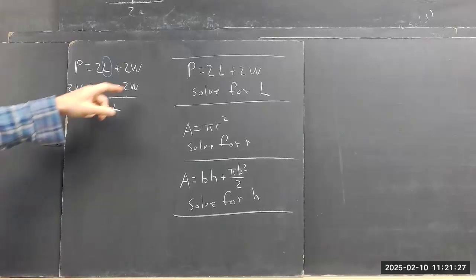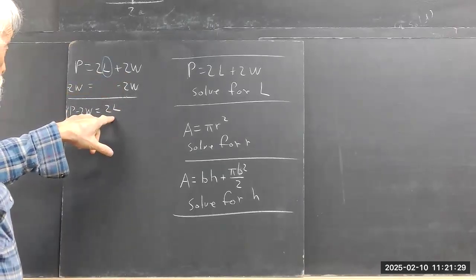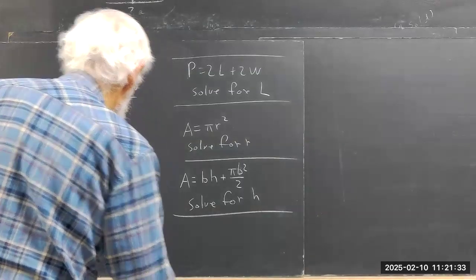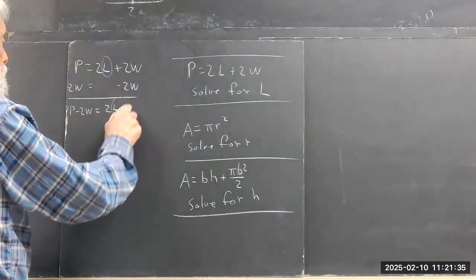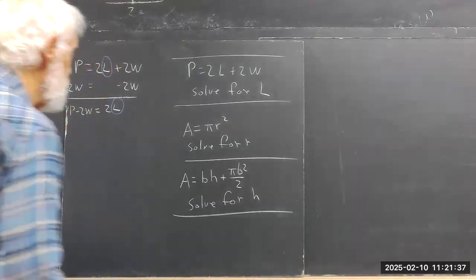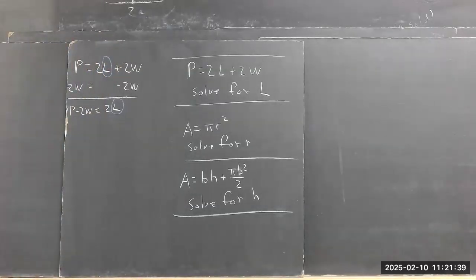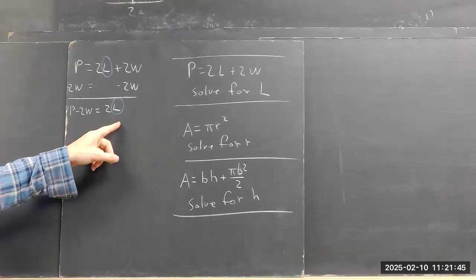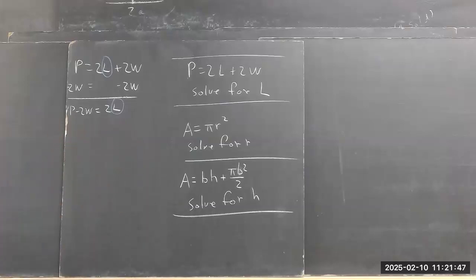So we've subtracted the 2W from both sides, and now we've got something where addition and subtraction is not going to work, because 2 is multiplied by L. You can't get rid of the multiplication by subtracting something.